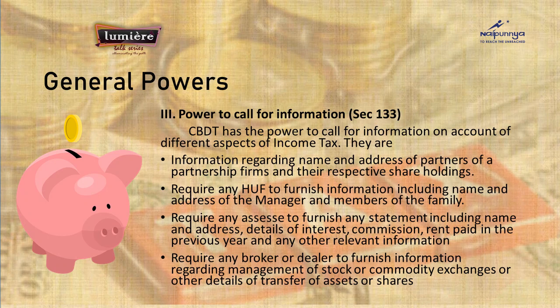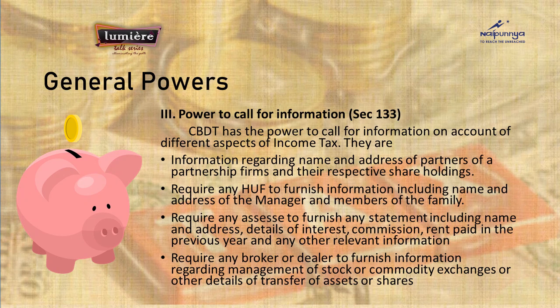If it is a partnership firm, the authority can ask the partnership firm to submit the register of partnership, the partners' details, that is their name and address and their shareholdings. And if it is an HUF, then the income tax authorities can ask them to furnish information including the name and address of manager and members of the family.